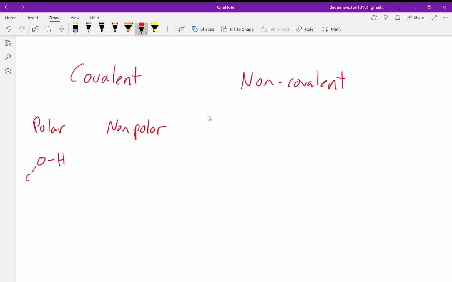So this is an example of a polar covalent bond, which would be those right there. And then something with nonpolar would be these ones right there. All those lines would be nonpolar covalent. Over here we have ionic bonds, we have hydrogen bonds, and then we have van der Waals.